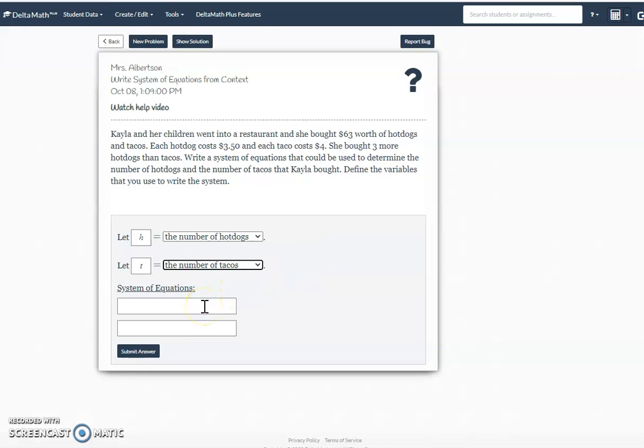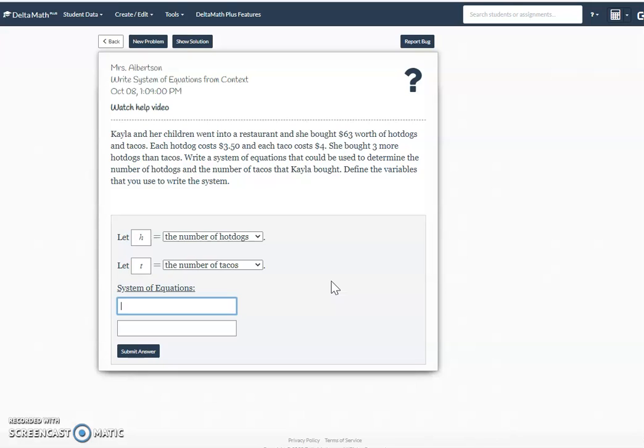All right, so now I need to write the two equations. One thing to keep in mind is that an equation needs to have equivalent numbers in it all the way through. When I look at this problem, I see some numbers that are in dollars, and at least one where it's just saying she bought 3 more than the other. So I need to put all of the dollars in the same equation.